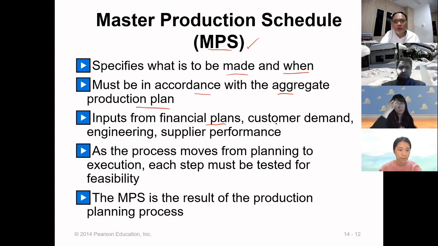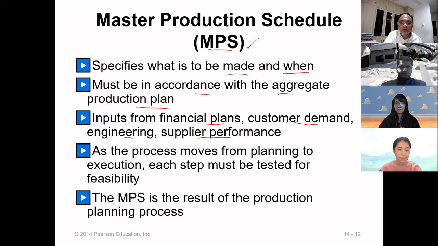Then you have input from customer demand. Of course, these are information that must be made available before you finalize the plan. Input from engineering, and from supplier performance, because you want to know which supplier is reliable or not reliable.